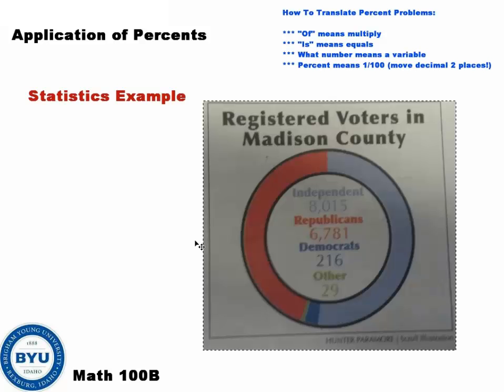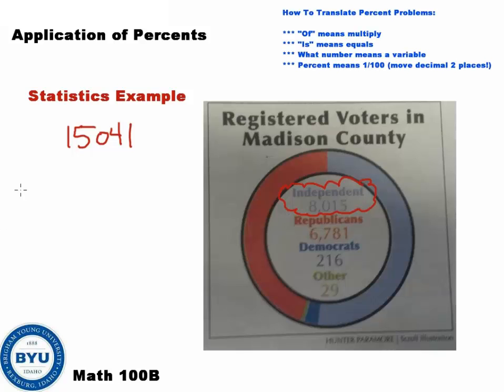So you can see the total from this picture, the total number of registered voters. If the total number in this survey were 15,041, let's pick out the independents. There were 8,015 independents in Madison County. So what percentage is that?